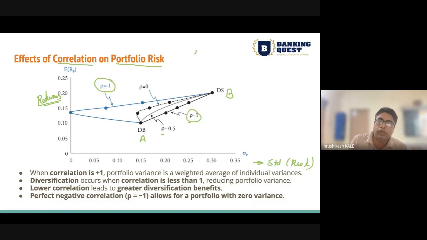So always remember, correlation always stays between -1 and +1. Now, I'm sure you might not understand this diagram well.